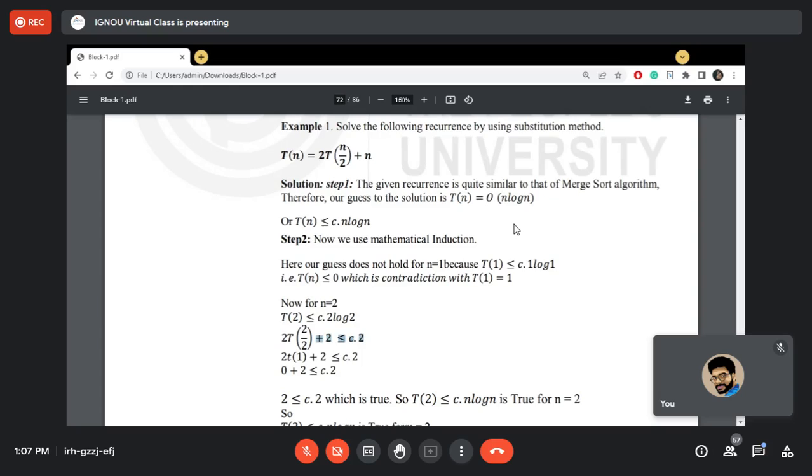Because we substitute T(n) value here. In place of n we have to put 2. So that's why we write 2T(2/2) plus n. Any doubt? In the next line, how does capital T turn into small t? That is a printing mistake.